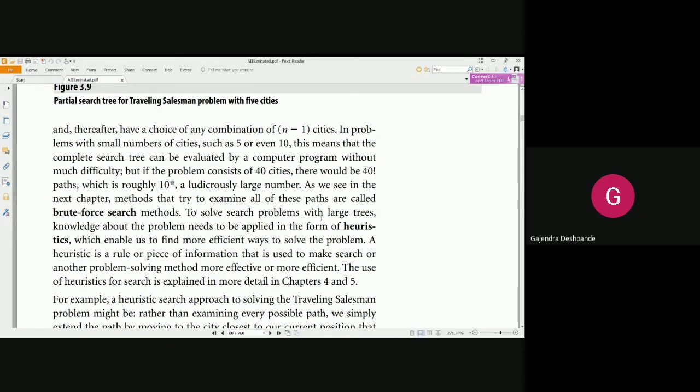So you might have observed in solving shortest path problem, whenever you had multiple choices to select the next city, you have selected that city which has resulted in least cost or least distance. Similarly here we are going to select that city which is resulting in least distance whenever we have multiple cities to select.